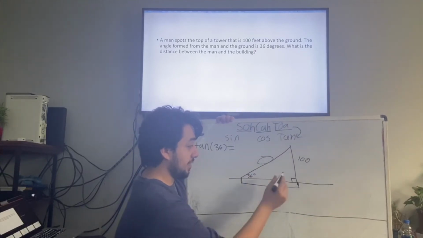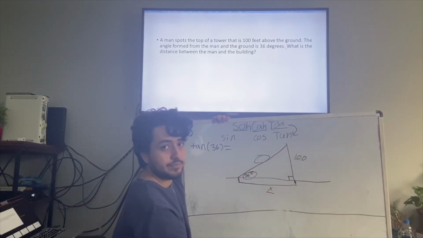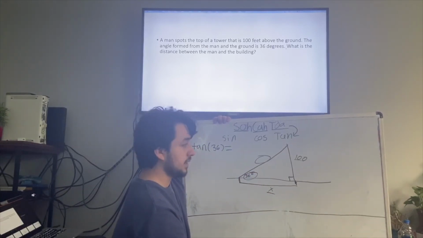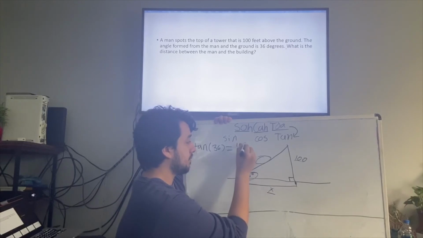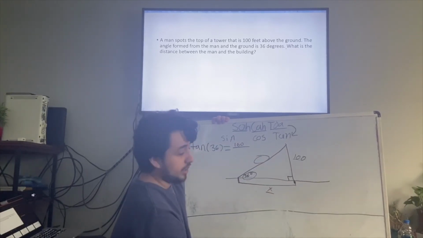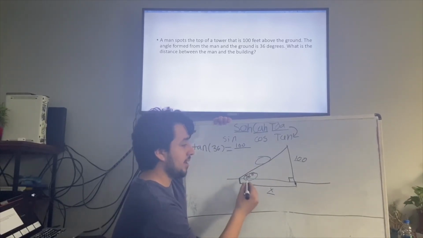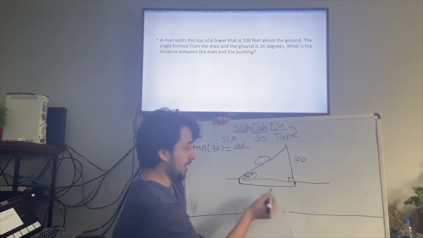So which side length is opposite from our angle? 100. And our A is at the bottom. Which side length is next to our angle? x.